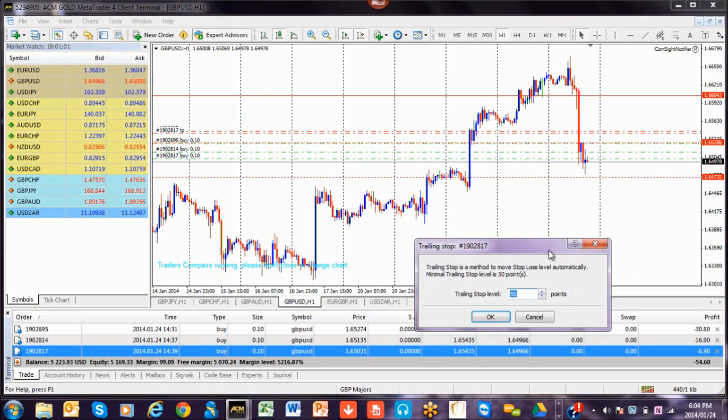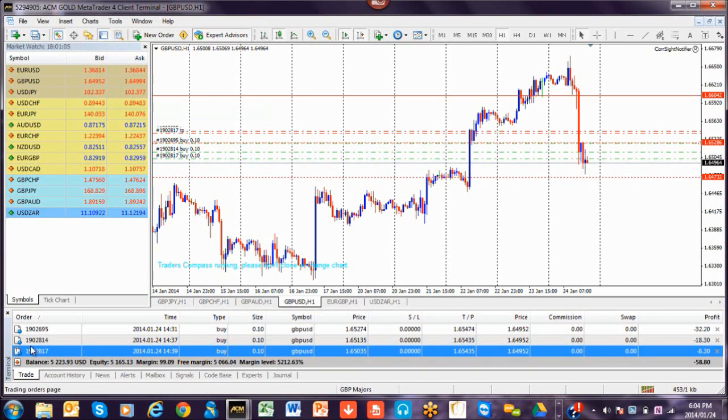If I put a 10 pip trailing stop, you see a T gets put on the trade that I've placed. So the trade before looked like this, my order icon looked like this, but as soon as I put a trailing stop, there was a T added there just so that we know that the trailing stop has been effected on that.